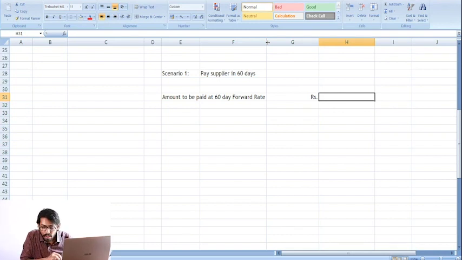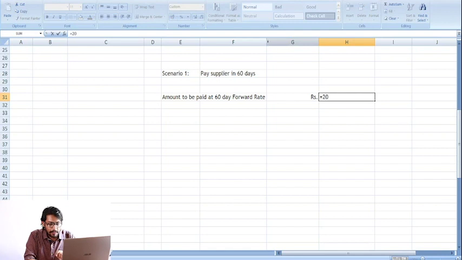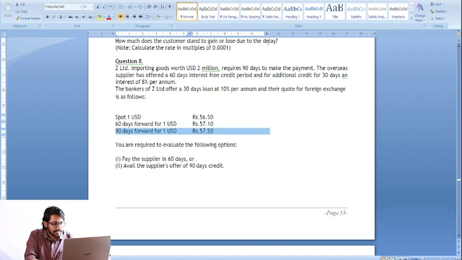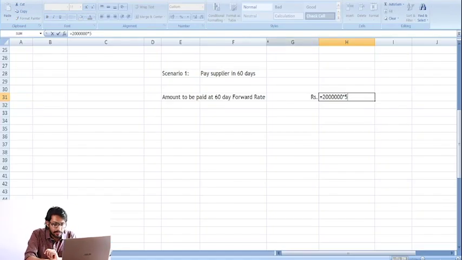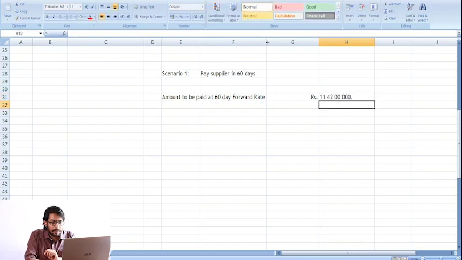How much is it? $20 lakh, which is 20 lakh into the exchange rate on the 60th day. After 60 days, the exchange rate is 57.10. So you will have to pay him 20 lakh into 57.10. You will have to pay him 11 crore 42 lakh rupees.